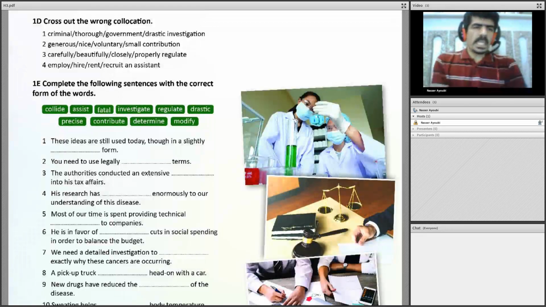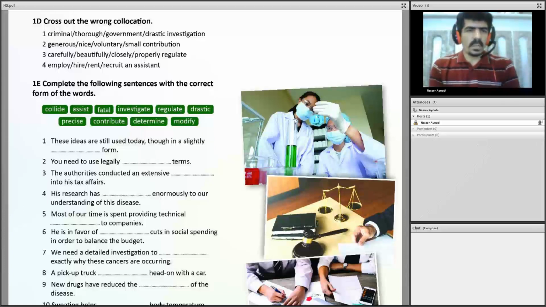Okay, part 1D, cross out the wrong collocation. 1. Criminal, thorough, government, drastic investigation. Drastic is the odd one out.